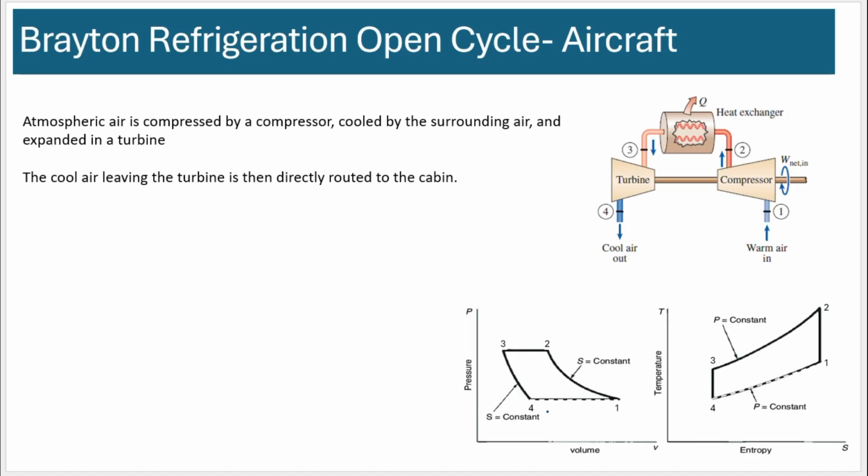So we cannot really say that it's a full cycle. It's an open cycle, and this is the simplest open reverse Brayton cycle. There's a turbine, a compressor, and a heat exchanger. In fact, there will be multiple heat exchangers, and there's a way that the warm air is coming into the compressor.